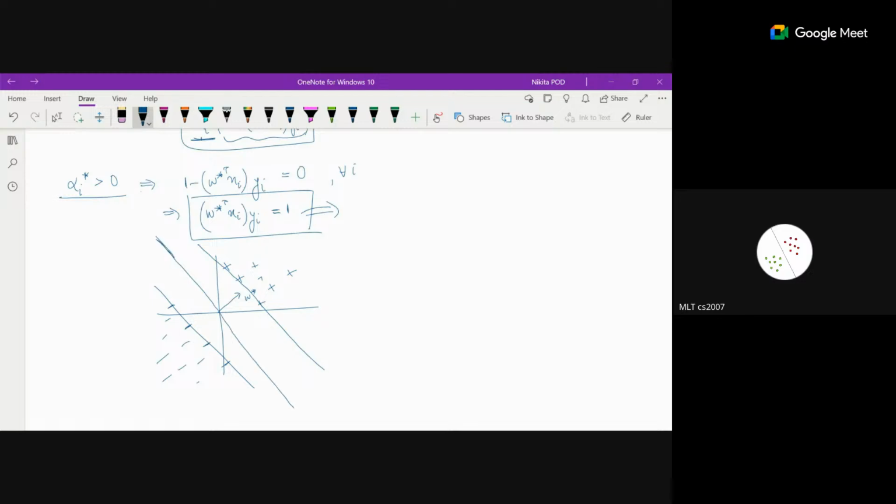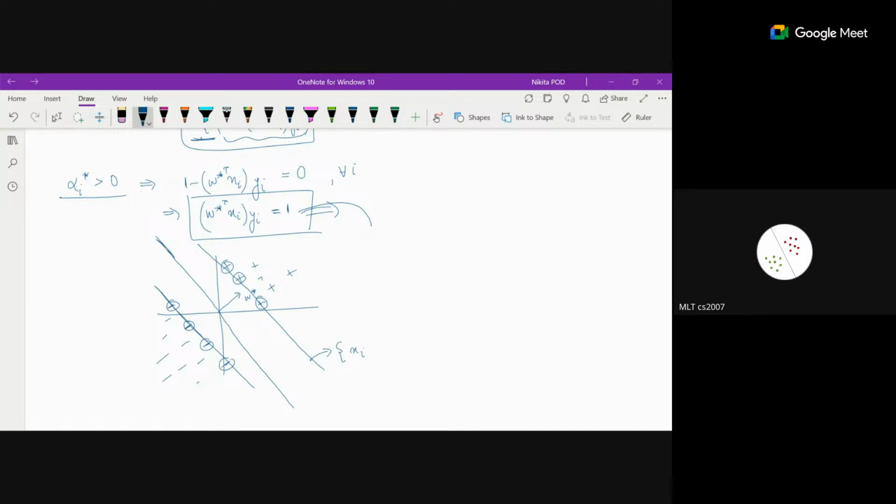So what we can say from here is that only the x which are on the margin, on this line, I mean these points, are the ones that are contributing towards this W star. So this is what we get from here.